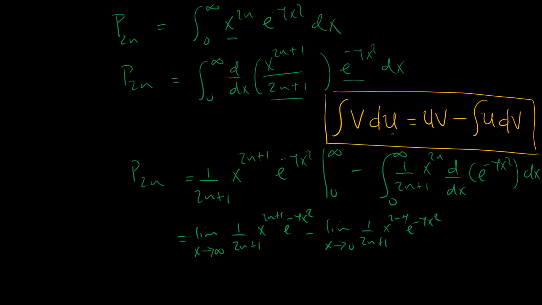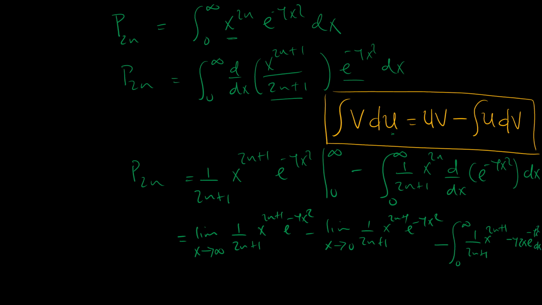Okay, and then minus the integral from 0 to infinity of 1 over 2n plus 1 x^(2n+1), and this becomes negative y times 2x e^(-y x squared).